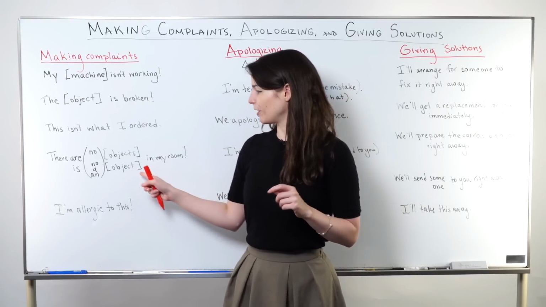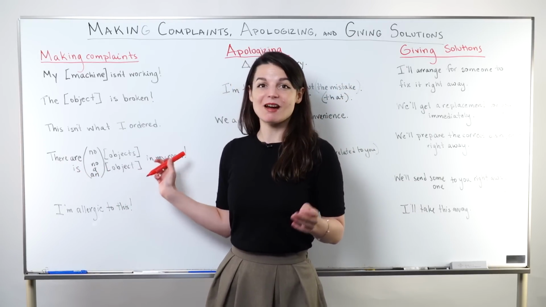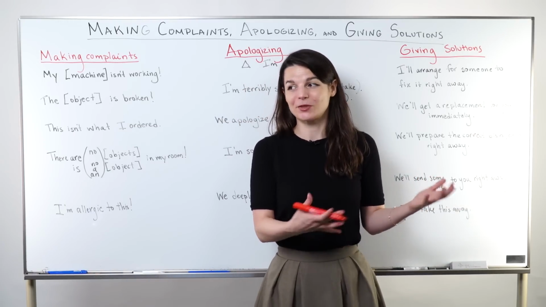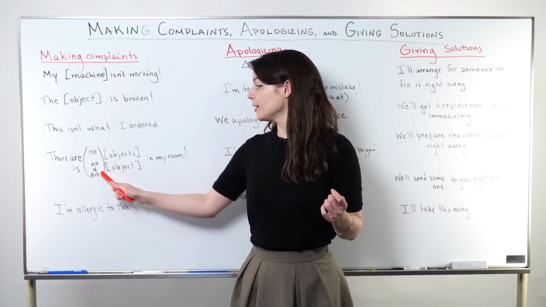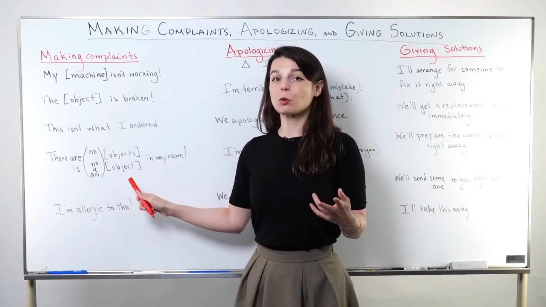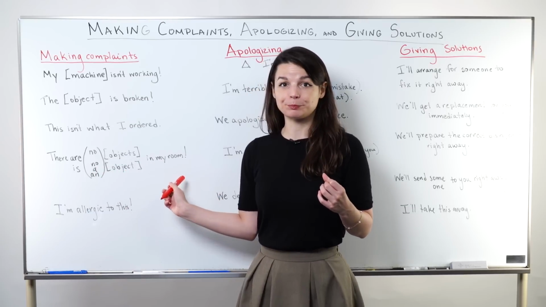So, for example, if there's an animal in your room, "There is a squirrel in my room." I don't expect a squirrel to be in my room. I'm shocked. "There is a squirrel in my room." I use "a" because my singular noun, squirrel, begins with S.